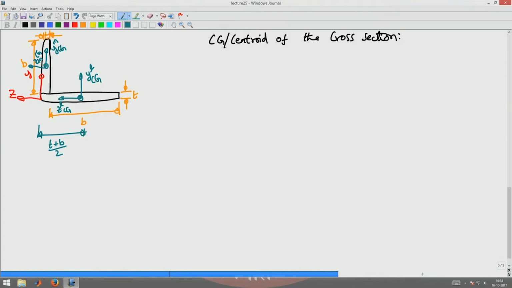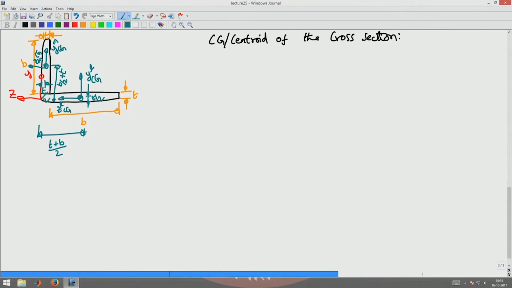And the distance of this centroid from here to there would be B by 2 plus T. This distance would be T by 2, as does this distance also is going to be T by 2.